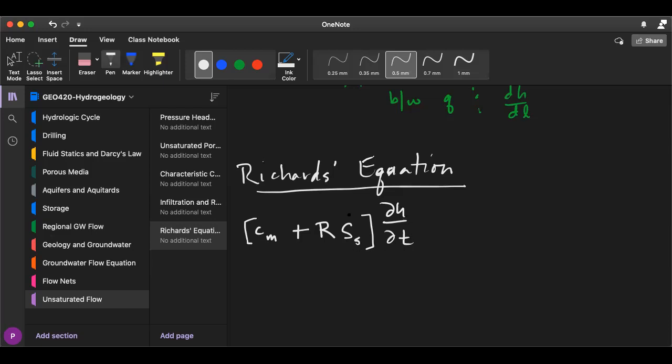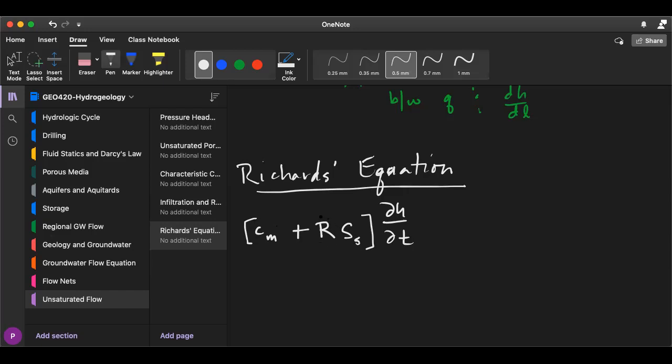All right. So this over here now, for our confined aquifer equation, we only had S sub S, but this in the brackets here, this is my storage. This is essentially my storage. This guy here I'll write out in a second.